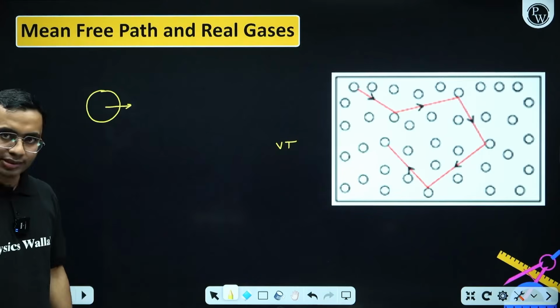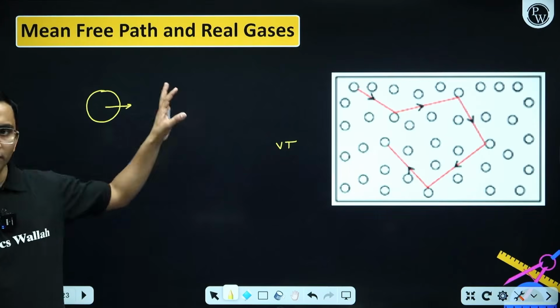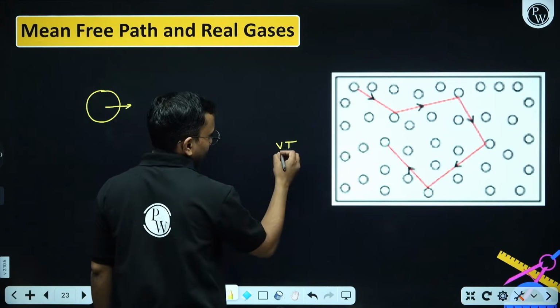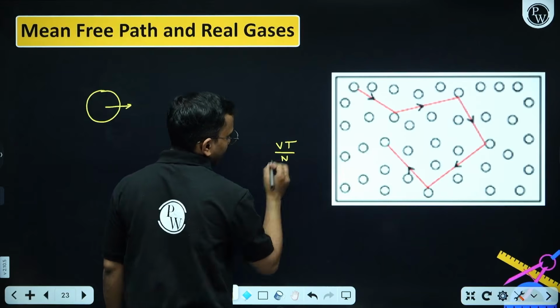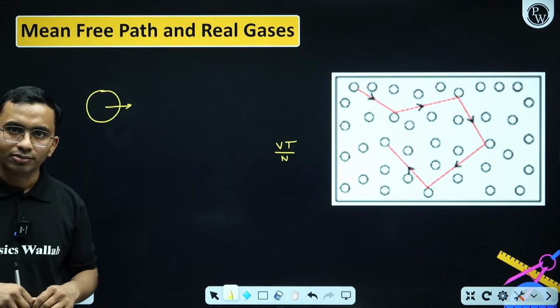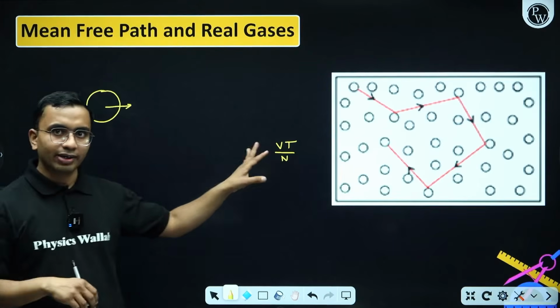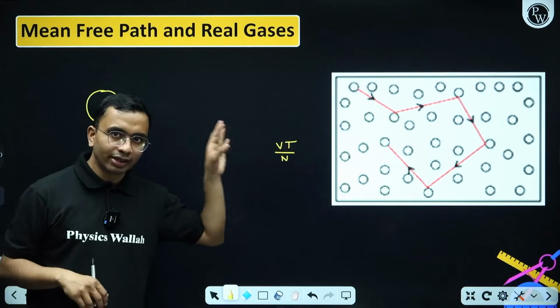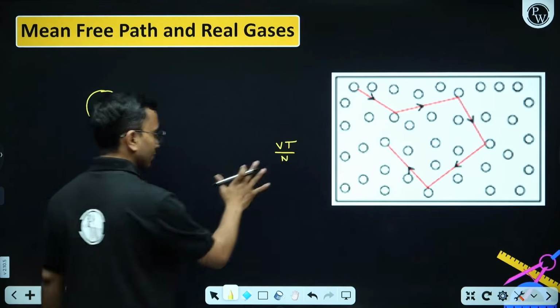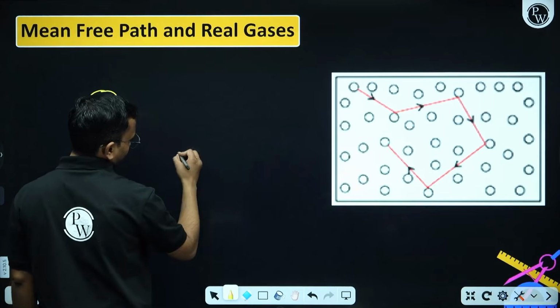In that distance, let us take it has n number of collisions. The total distance covered divided by the total number of collisions it made while covering that distance will become my mean free path.